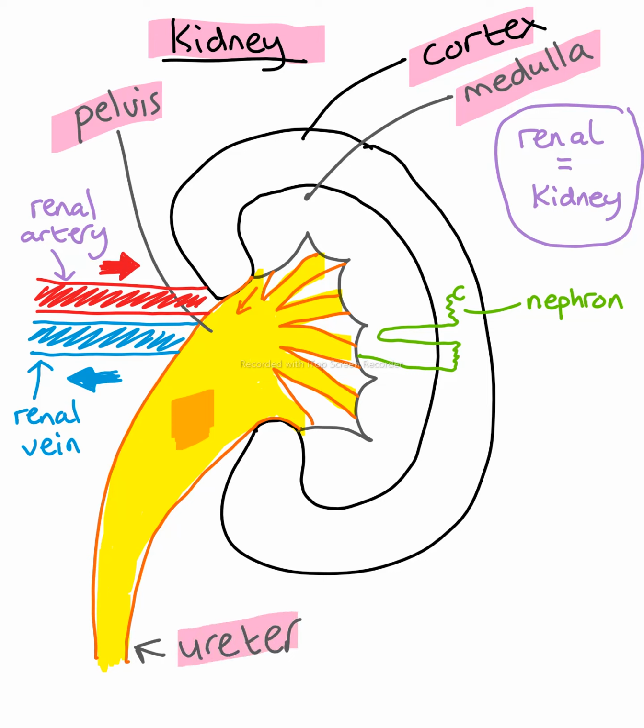It leads to the bladder and then out of the urethra. And you've got these little bumps or pyramids. And then finally you've got this filter unit called a nephron, and we have to discuss that later on. So that's the structure of the kidney.